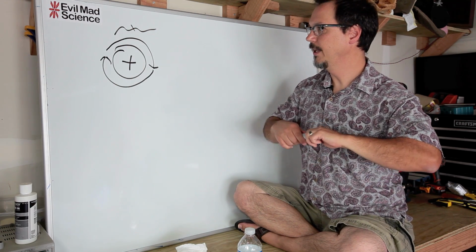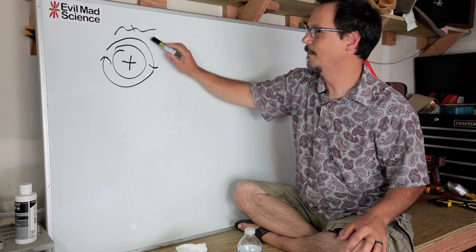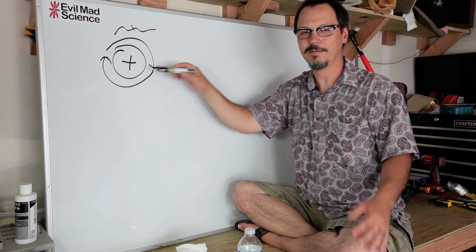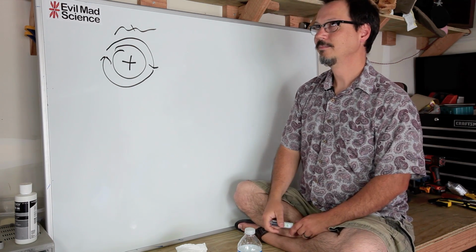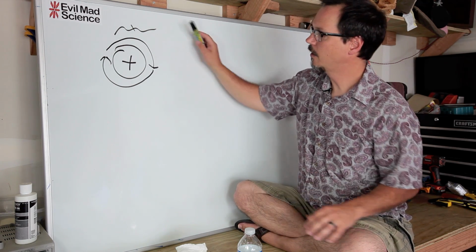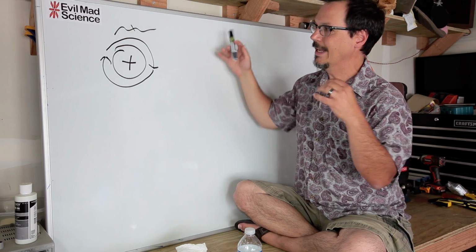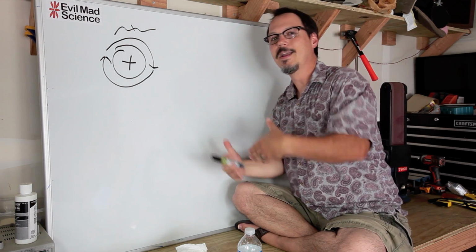The reason that occurs is because of another property that magnetism and current flow have. How do I explain this? Well, when you have a magnetic field that cuts across a wire, a conductor, it actually induces a current flow in that wire.